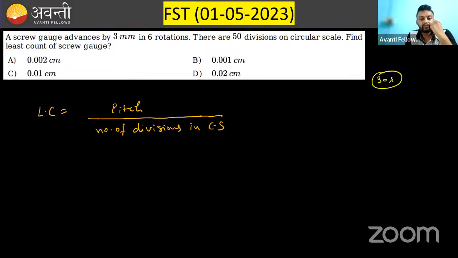The circular scale has 50 divisions according to the question. And what is pitch? Pitch is the distance moved on the main scale in one rotation.